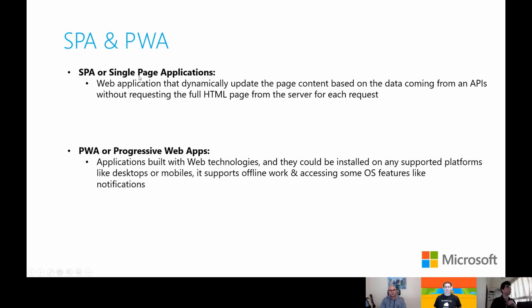Thanks. So there are two important aspects in the client-side development for modern web. They are SPA and PWA. SPA is the abbreviation for single-page applications, which refers to any modern application that runs fully on the client, and it gives a feeling like it's a desktop app while it's in the browser. It's very fast. There is no refreshing. It's not going to the server and coming back every time, and it's dynamically updating the content of the page in a way that you don't feel it's like the traditional web apps.